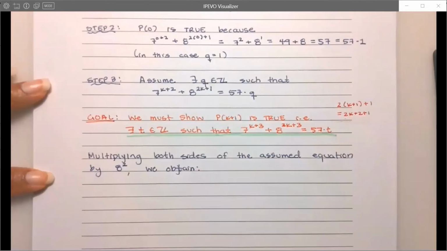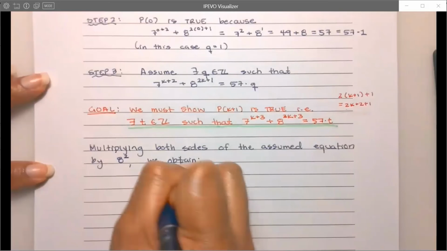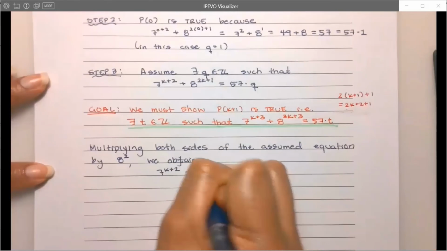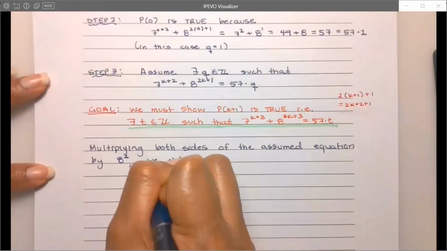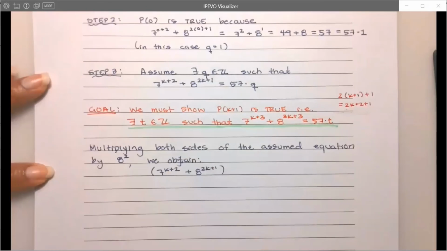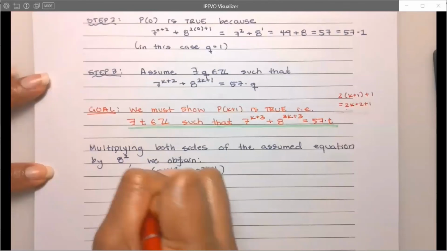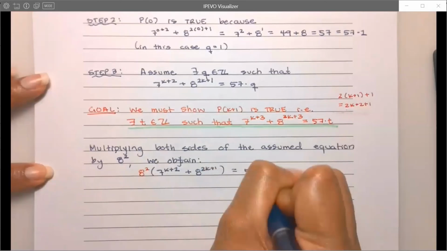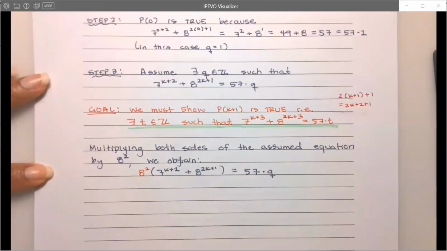We obtain 7 to the k plus 2, and then 8 to the 2k plus 1. And what I'm saying is multiply both sides by this 8 squared. So we get, this is equal to 57 times q times 8 squared.